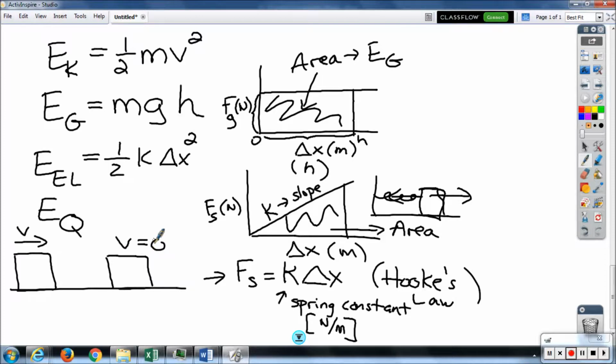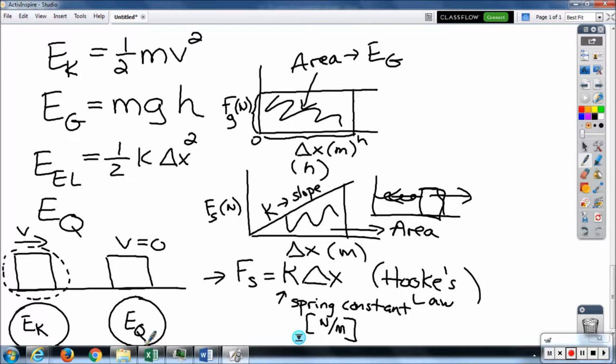How is that possible? Well, if we take the box and the ground to be our system, then we know that it began with kinetic energy. But since it comes to a stop, all that kinetic energy is gone, and so we still have to account for all the energy that the system once had, but the box no longer has it to use. So it must have been converted into EQ.